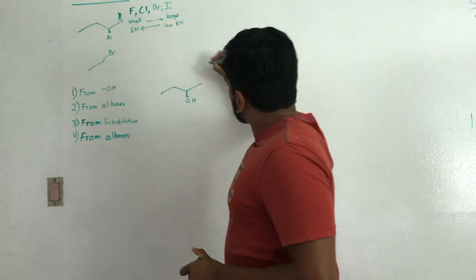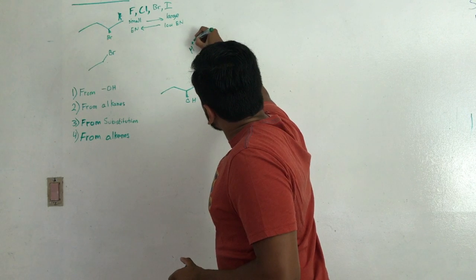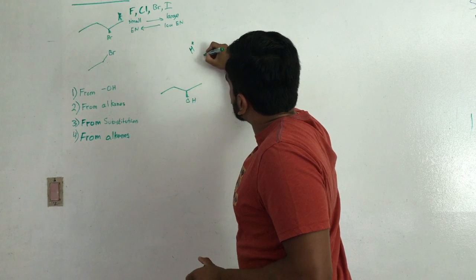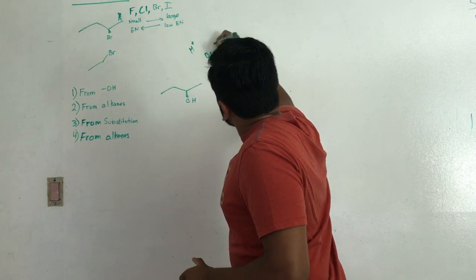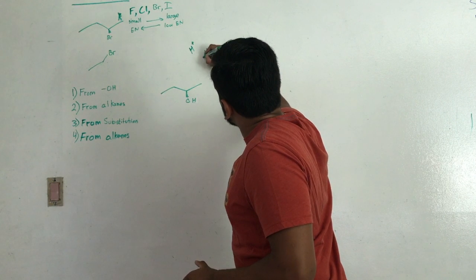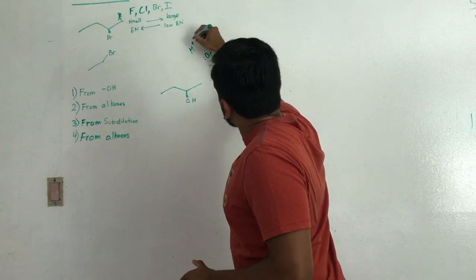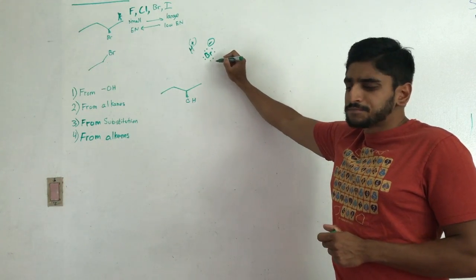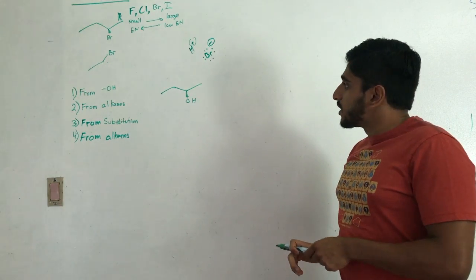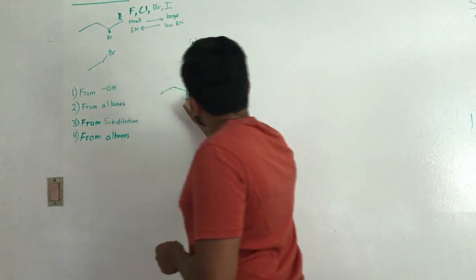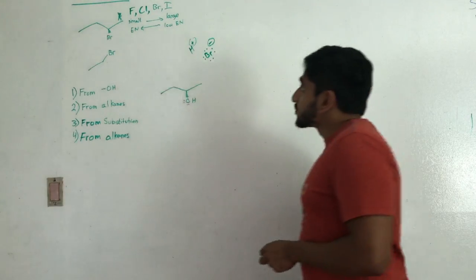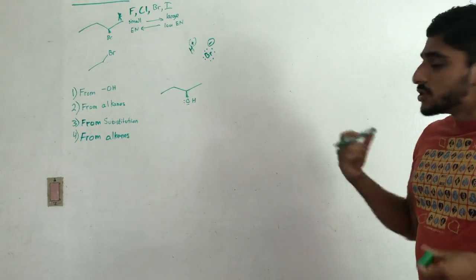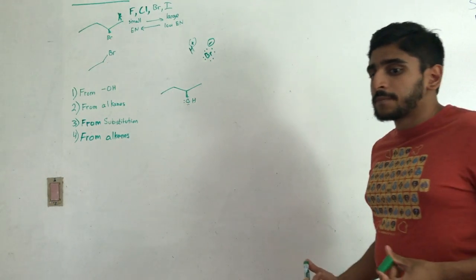So what happens is within solution you have H plus ions, and you also have, I'm going to use bromine in this example, Br minus. So these are just the 8 valence electrons that are around bromine in its outermost shell. And whenever I do electron pushing mechanisms, I like to highlight the valence electrons of non-organic atoms within the system, just so I can see where electrons are going.